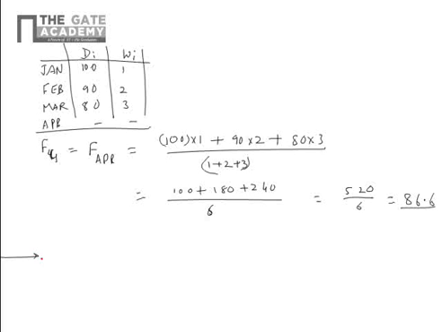That's why we give more weight to recent values, because if you look at the data, it's coming down, so the forecasted value also has to come down.